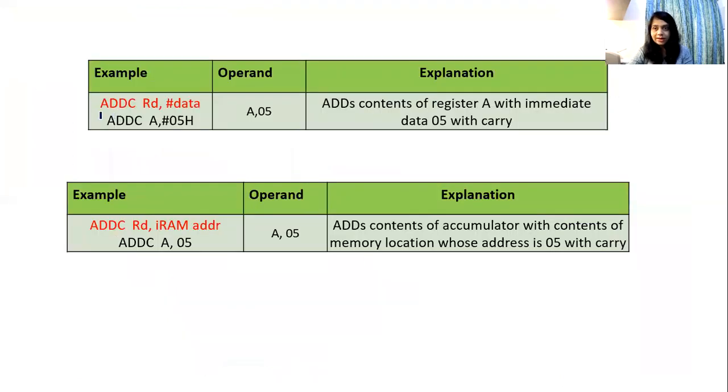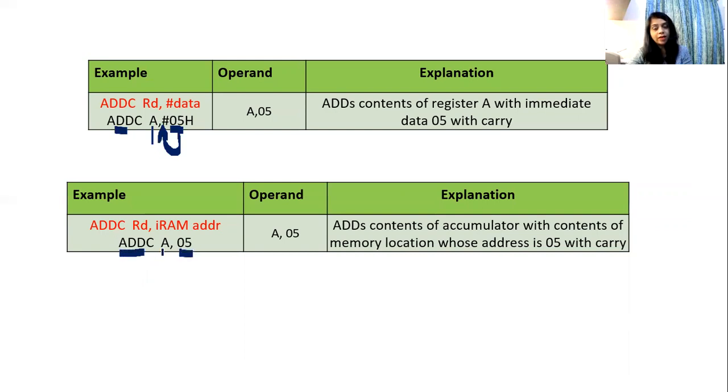Similarly, you can write instruction that is ADDC RD hash data, that means add content of accumulator with direct data 05, which is available in the instruction, and store the result in accumulator. What is this instruction? ADDC RD comma IRAM address. So here 05 is address and not data.